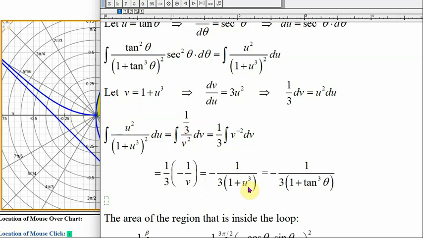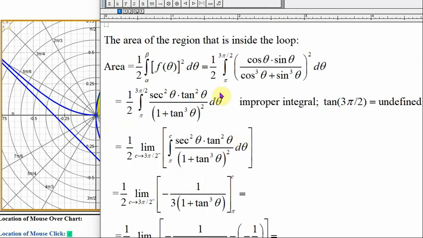But u is tangent of theta. So we get negative 1 over 3 times 1 plus tangent to the third of theta. So our original integral right here, which is the area of the region inside the loop, this expression becomes this.